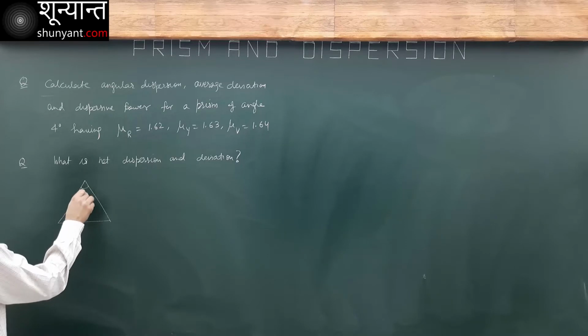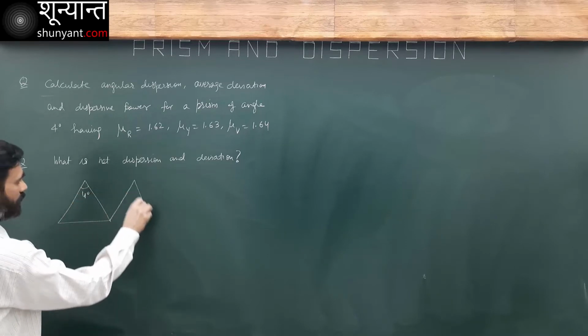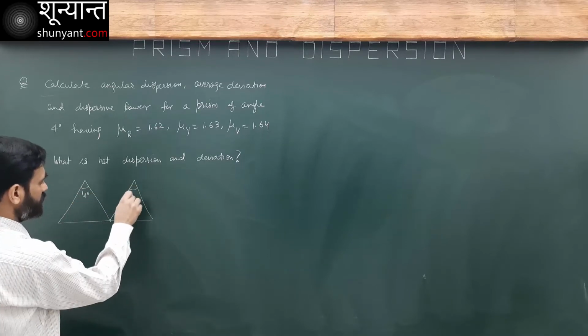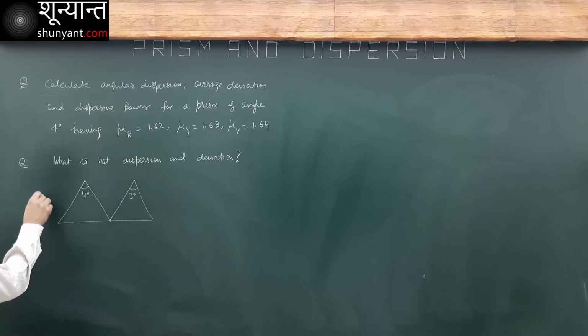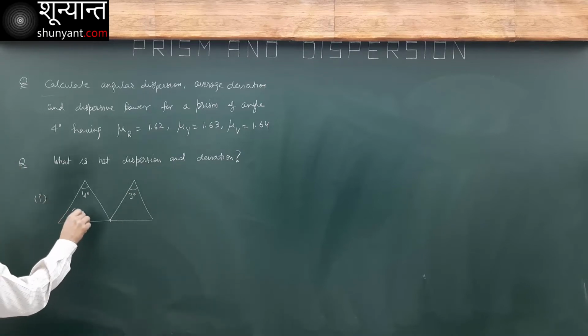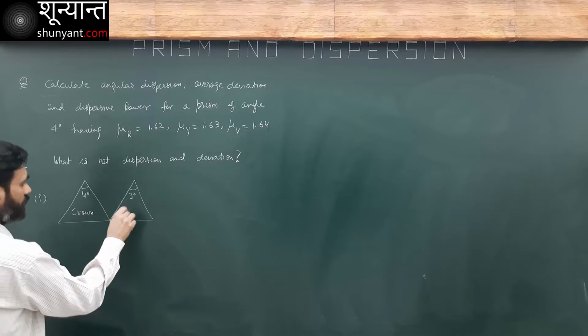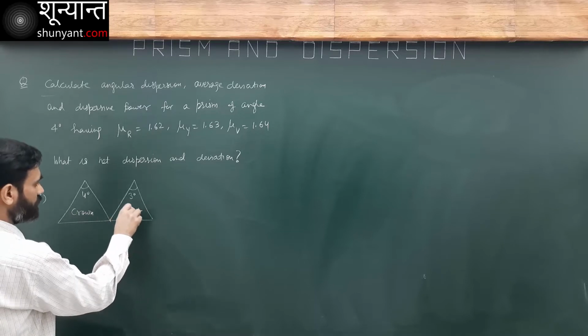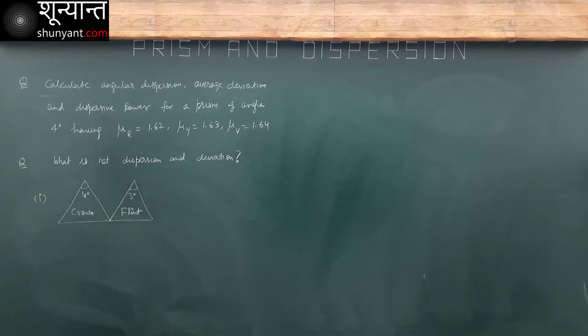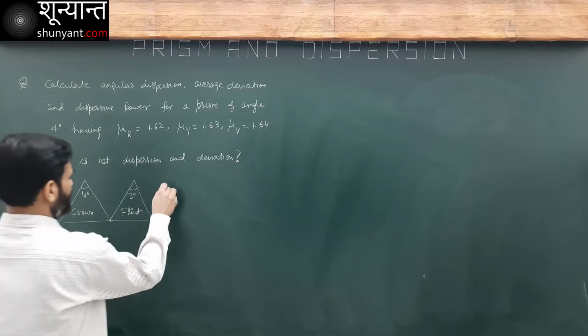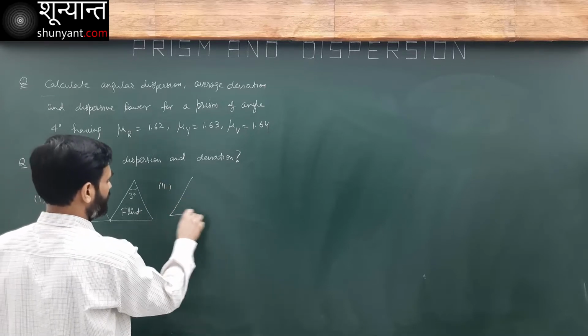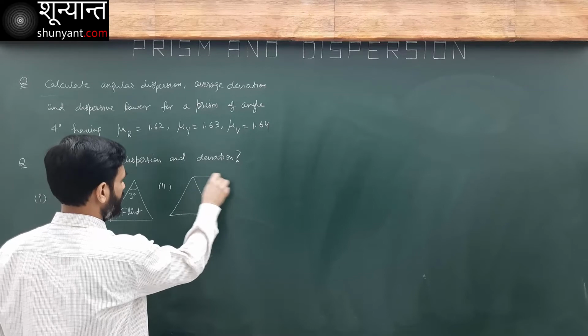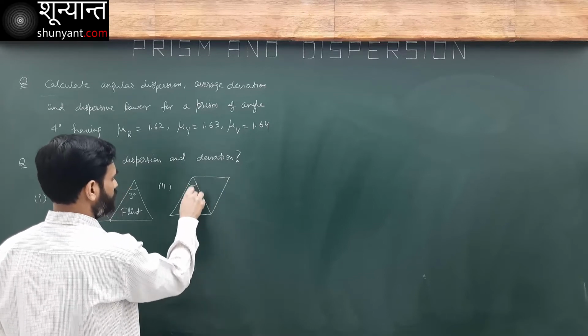This is 4 degree. This is 3 degree. This is the first case here. This is a crown prism. This is a flint prism. Crown and flint. And second, this is 4 degree.